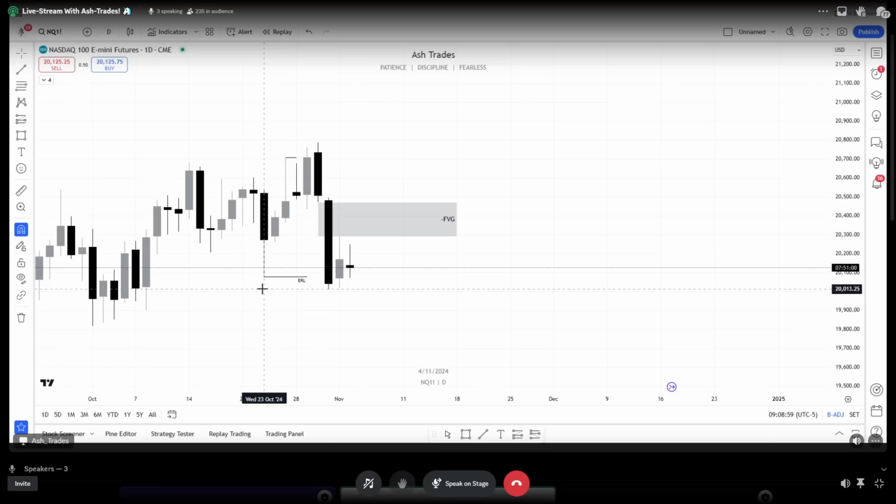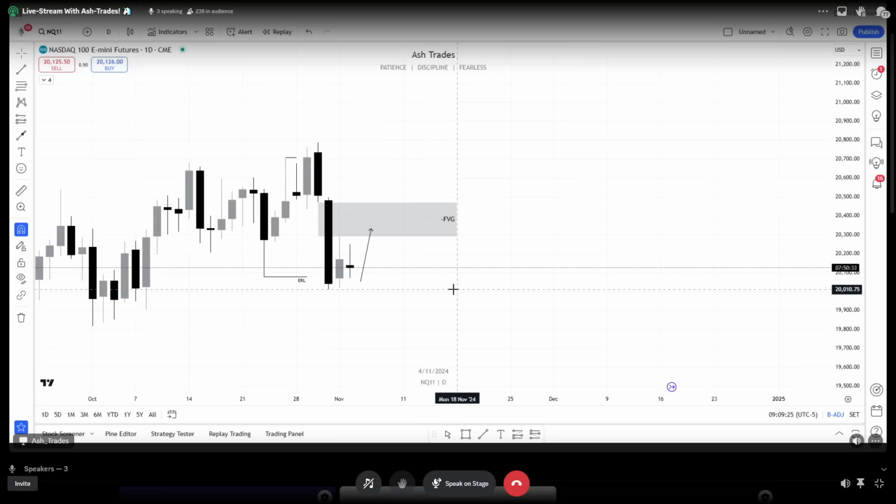Or the second thing that price is doing is rebalancing an imbalance, right? So depending on what price did most recently gives me my bias. So for example, we just ran out this swing low here on the daily chart. So I would look for price to then rebalance an imbalance.